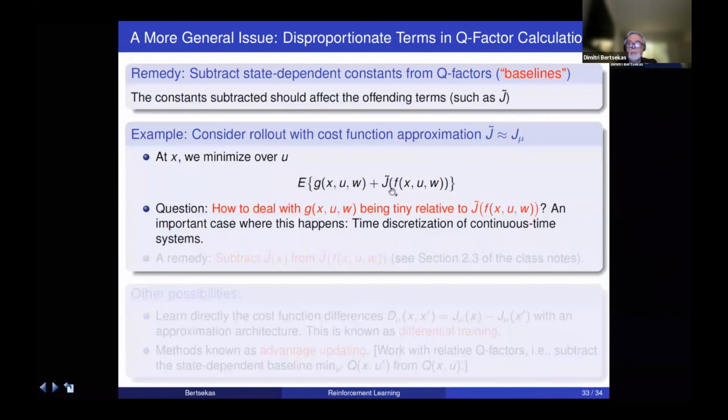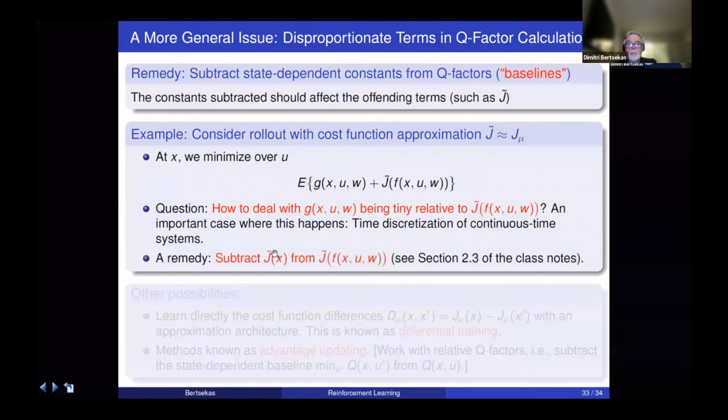This is a cost of many stages. So this is likely to be considerably more sizable. So if you add approximation error to J tilde, this approximation error may wipe out completely the effect of this first stage cost. And this happens typically in the case where you have a continuous time system and you discretize it. This is going to be proportional to delta, the discretization interval, whereas this one is going to be substantial.